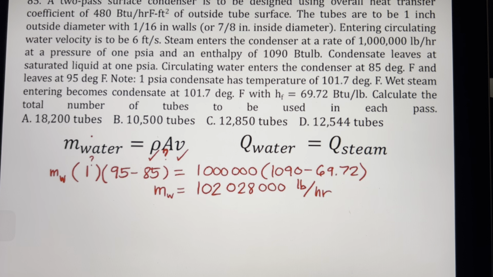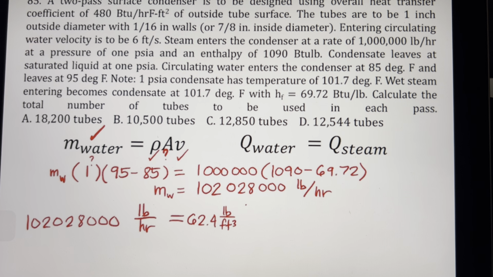Okay, so we can now use our initial equation. So the mass flow rate of water, 102,028,000 pounds per hour, is equal to the density, which is 62.4 pounds per cubic feet.